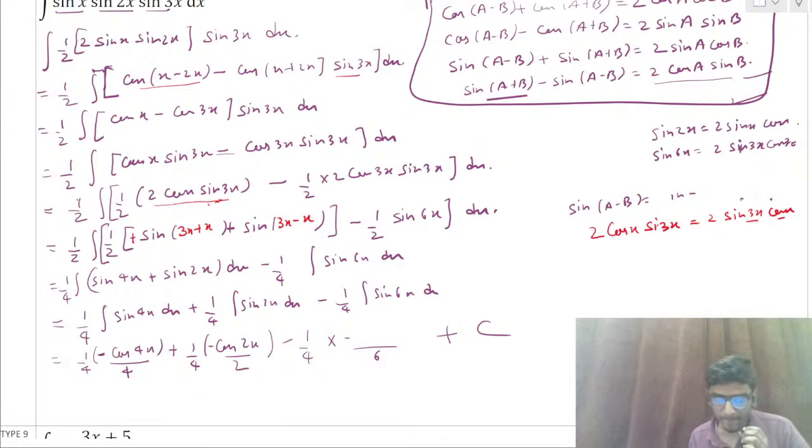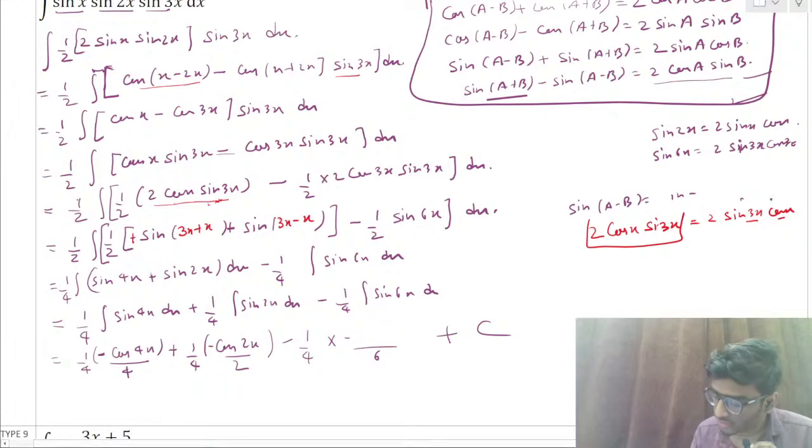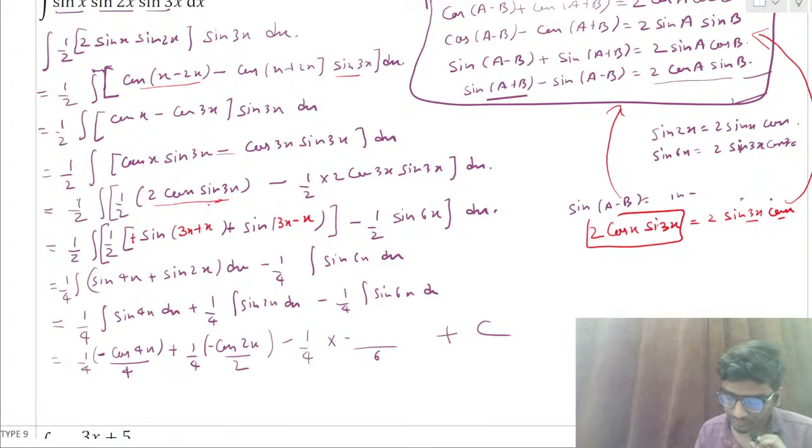Okay, we get the same thing. So we will be left with sine 4x plus sine 2x. We can write this 2 cos x sin 3x either in this form or in the second last form.